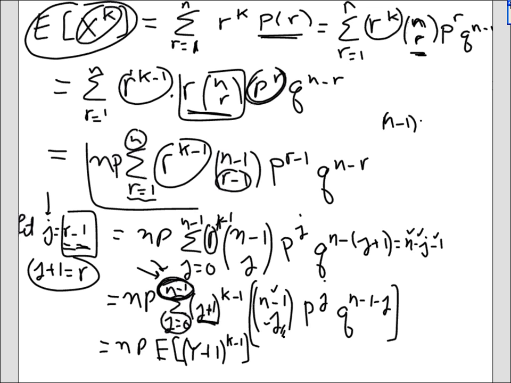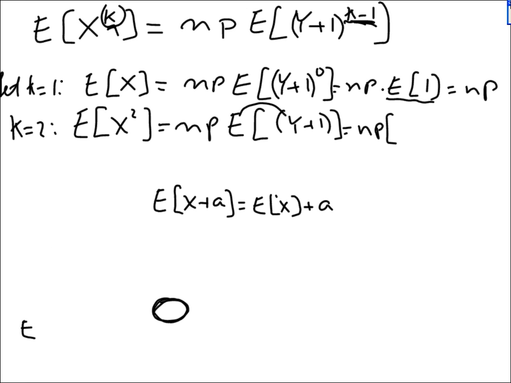It's n minus 1 times p, and then plus 1.